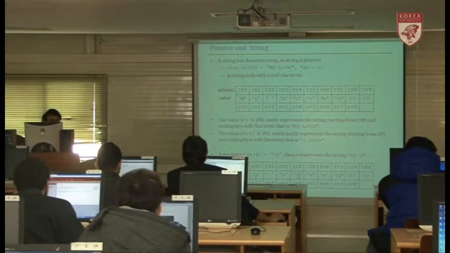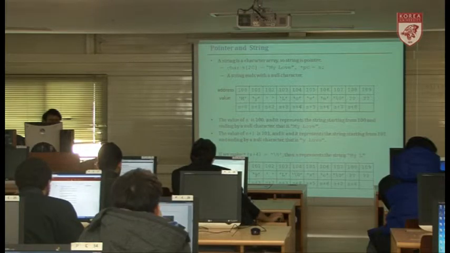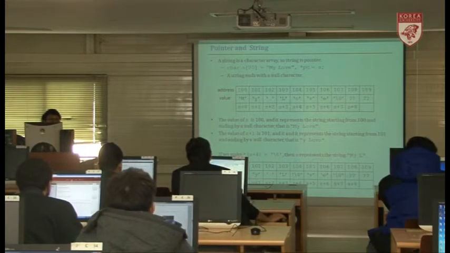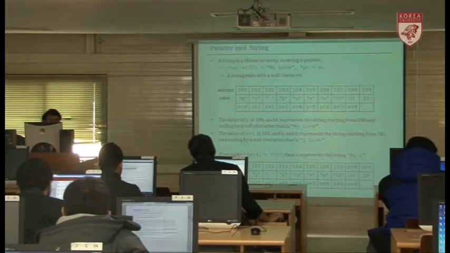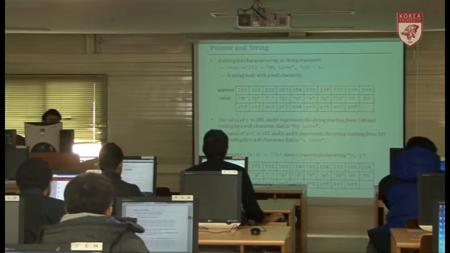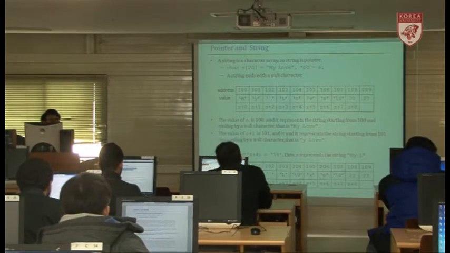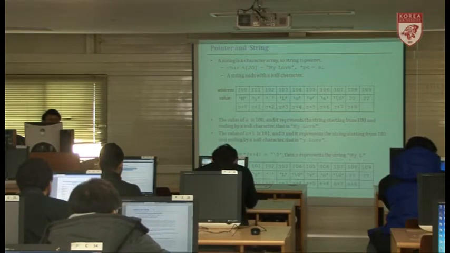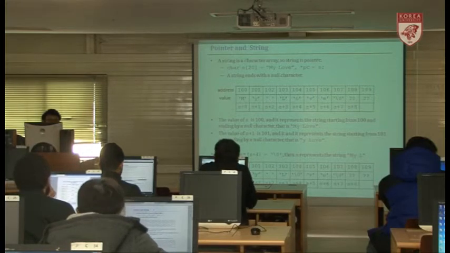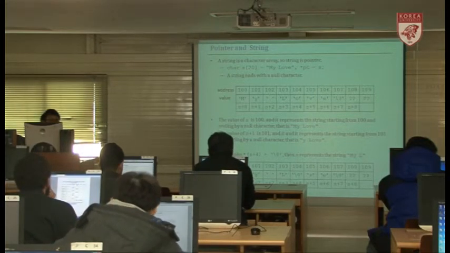Then if we use S, again, S is the string starting from 100 up to the null character, which comes first. So in this case, S represents the string my L, because this string is ended here.